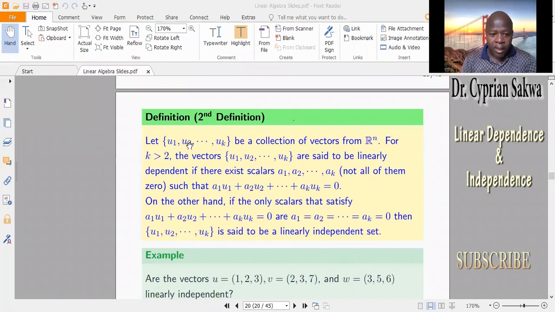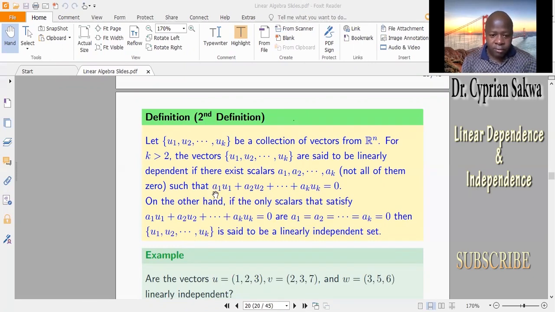Again, we have the same set of vectors, u1, u2 up to uk. When do we say that they're linearly dependent? We say that these vectors are linearly dependent if we can obtain scalars r1, r2 up to rk, not all of them 0. Some could be 0 or not 0, but all of them are not 0.